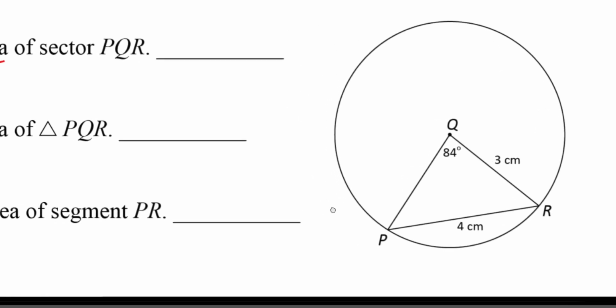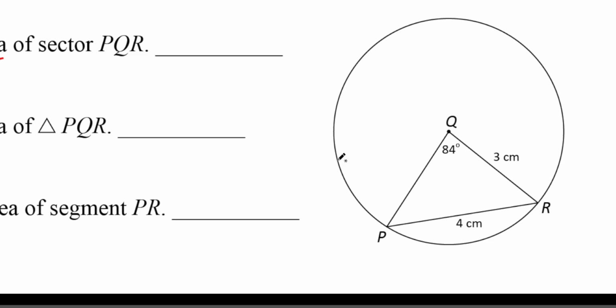Find the area of the sector PQR. What does that mean? That means this. It's not just the triangle. It's all of this, with a little squiggly there. You get the idea, okay?